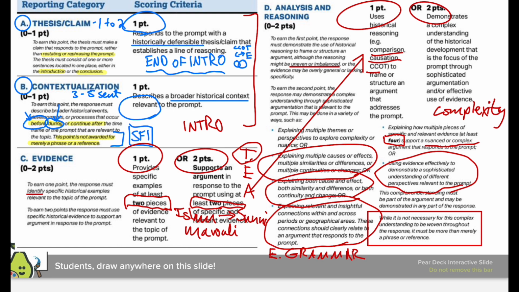So you can't just give me one sentence of complexity and then think, oh, I'm going to get the point. It's going to take multiple topic sentences, multiple body paragraphs, typically 3, multiple pieces of evidence, and some other insightful connections. That's why it's called the complexity point, because it is so complex.